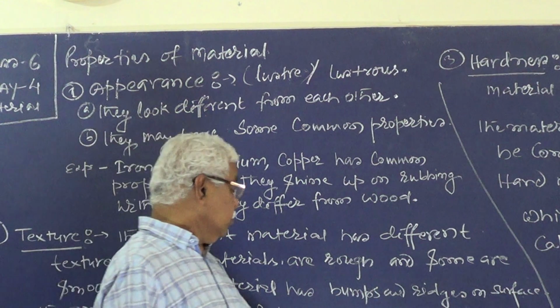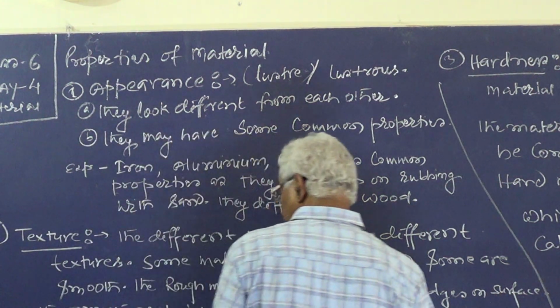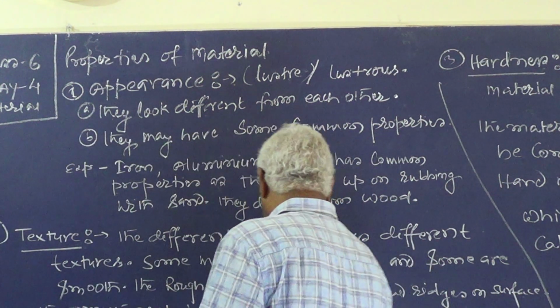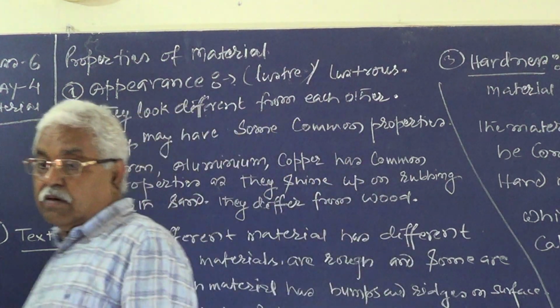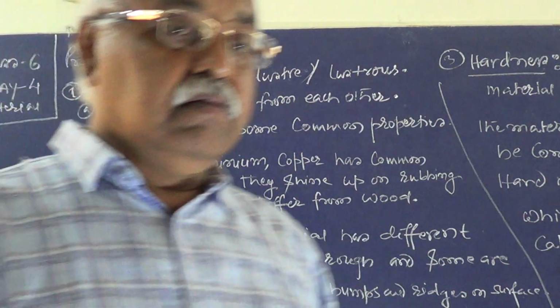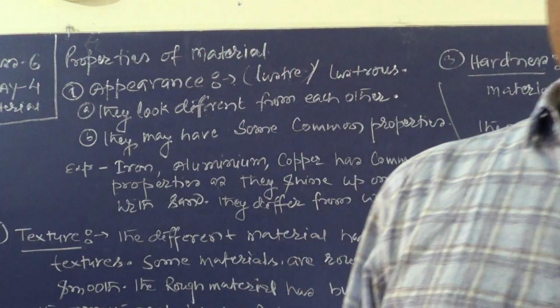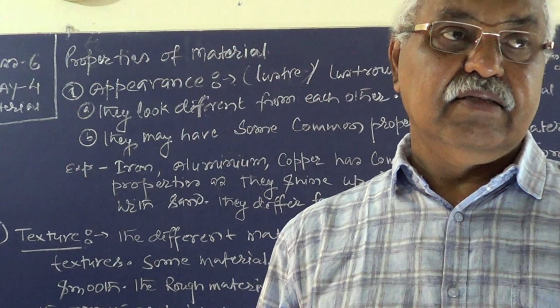The ability of a material to shine is known as luster. The material which shines more has more luster, and which shines less has less luster.